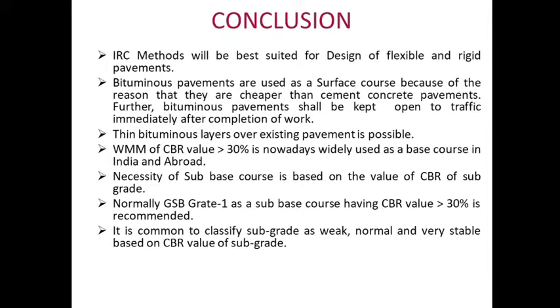WMM or material of CBR value greater than 30% is nowadays widely used as a base course in India and abroad. The necessity of sub-base course is based on the CBR value of subgrade. Normally, GSB grade 1 as a sub-base course having CBR value greater than 30% is recommended. It is common to classify subgrade as weak, normal, and very stable based on the CBR value of the subgrade.